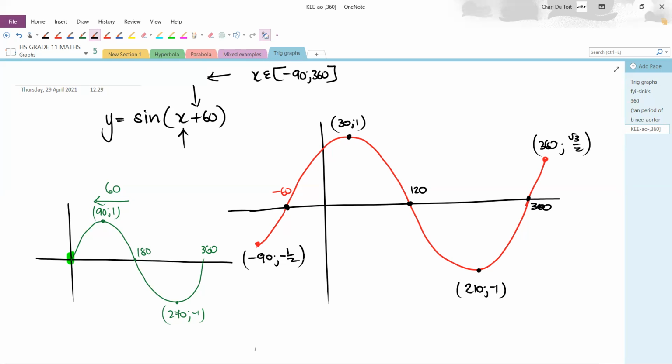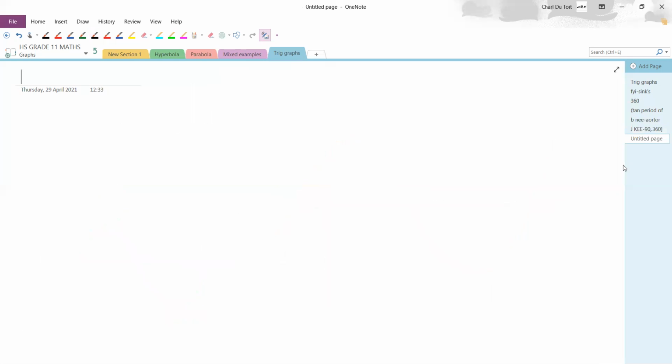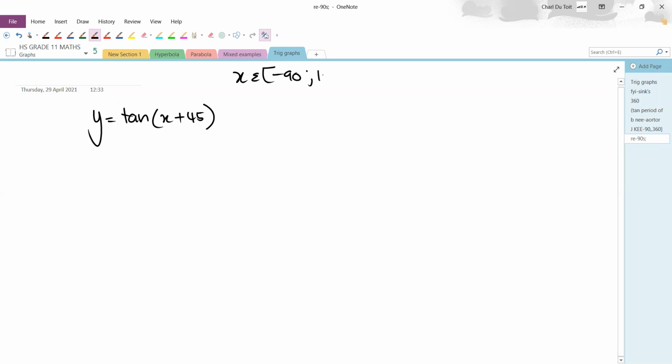Good. So I'm going to try and leave you with the tan graph for a minute. y equals tan of x plus, say, 45. And we're going to draw that where x is an element of negative 90 to just like 180.